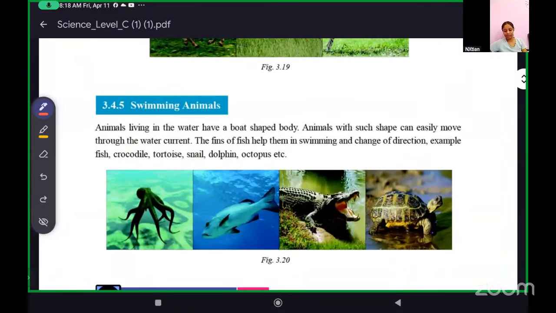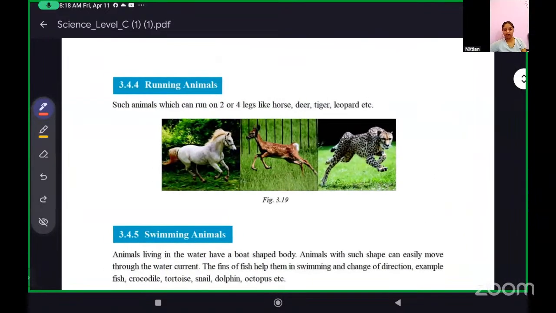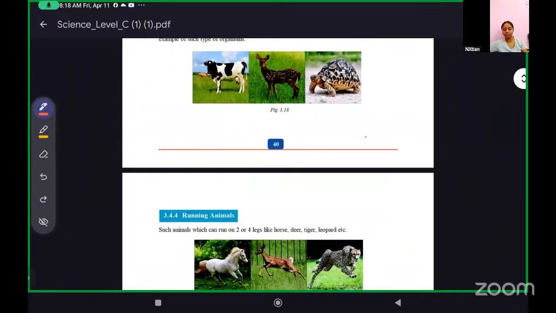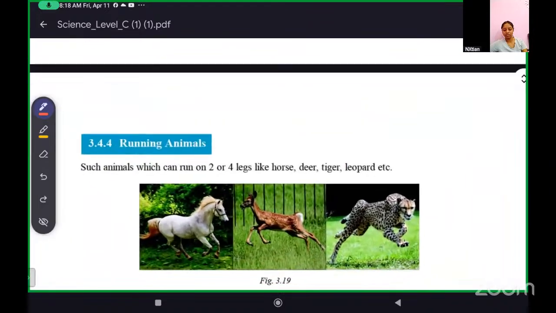Okay, and swimming animals. I have a question. Yes. How are running animals any different from walking animals? A deer can run. Okay, a tortoise and a cow can't run, but a human can also run.